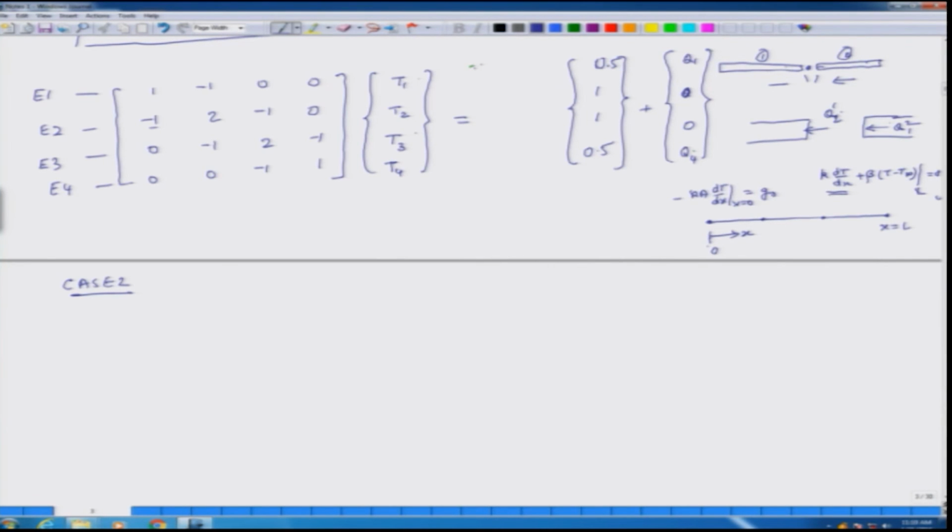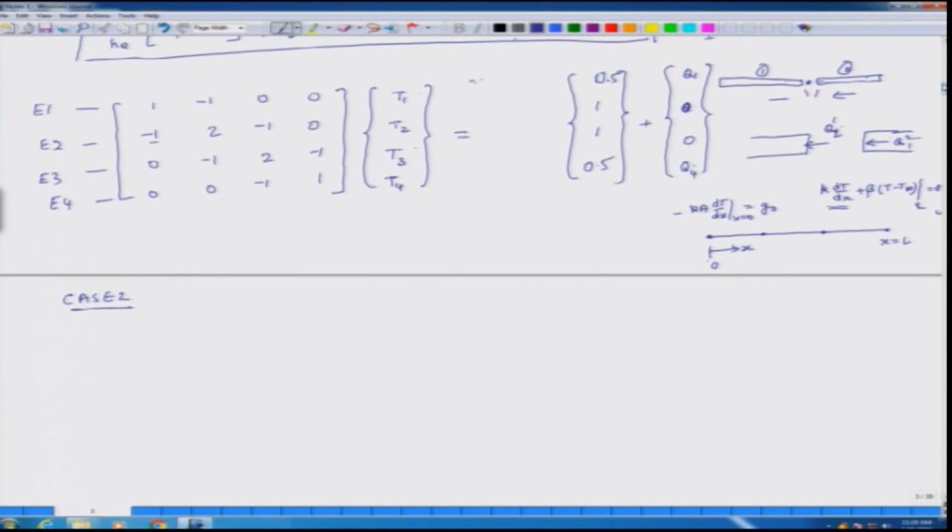So once again my 4 equations, and we still assume that A is equal to 1, Q naught equals 1, He equals 1, and K equals 1.